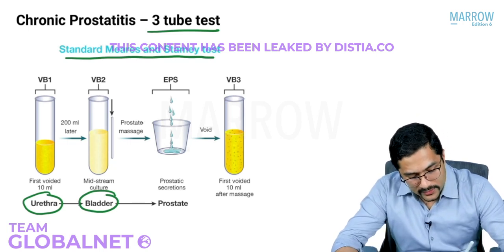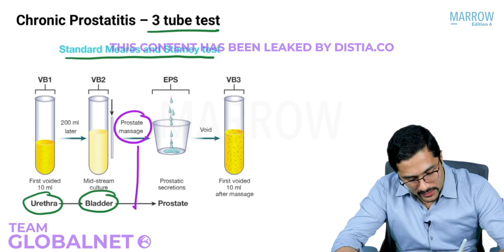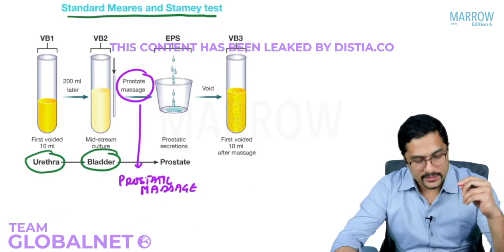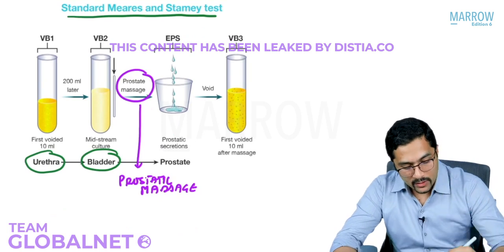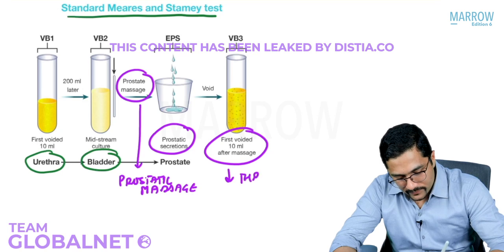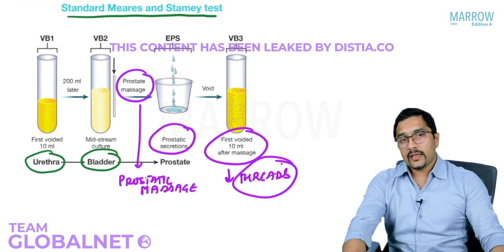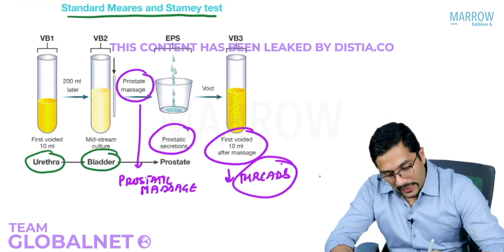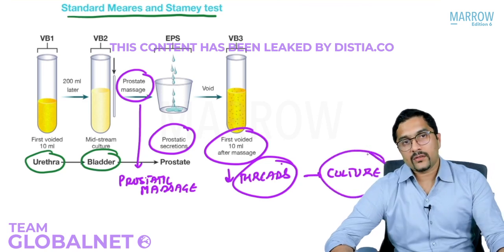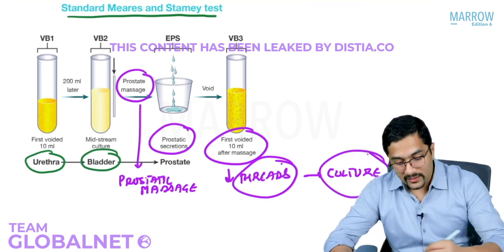Then we do a prostatic massage, and after the prostatic massage, in the next sample you will see prostatic secretions or threads, and you can culture these threads to get the diagnosis.